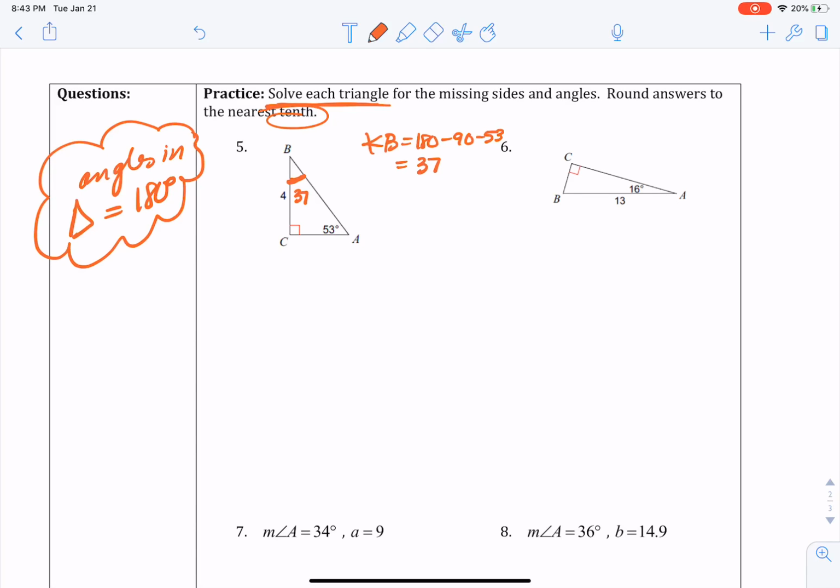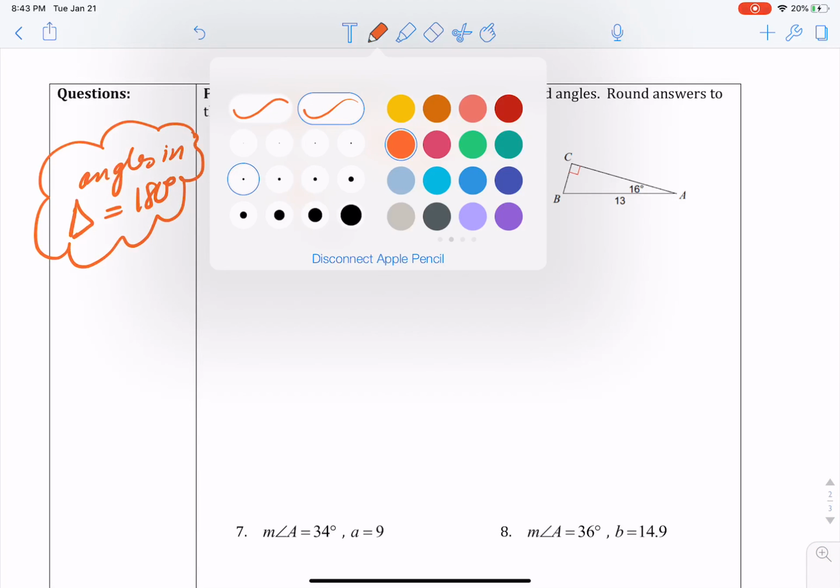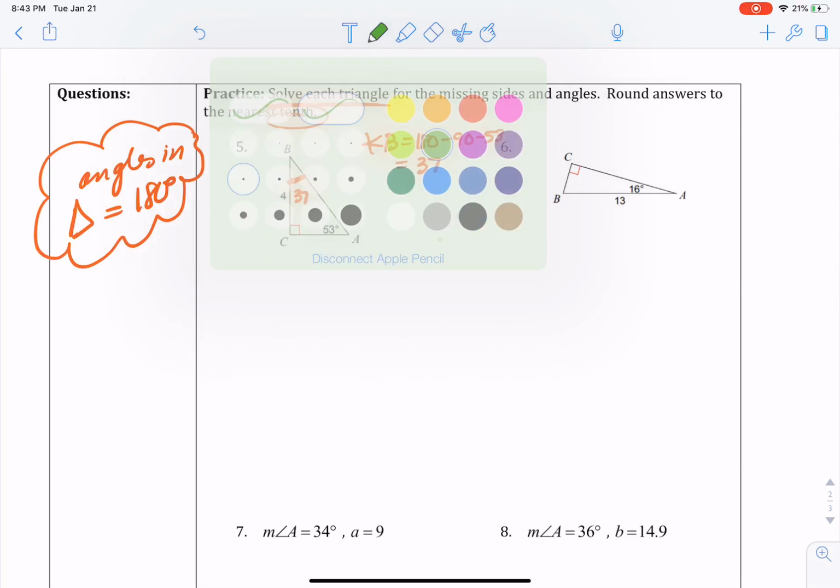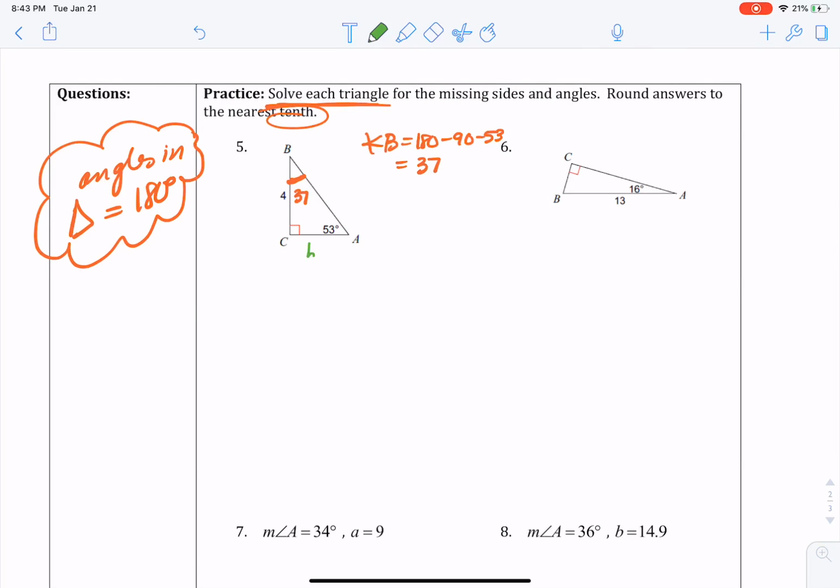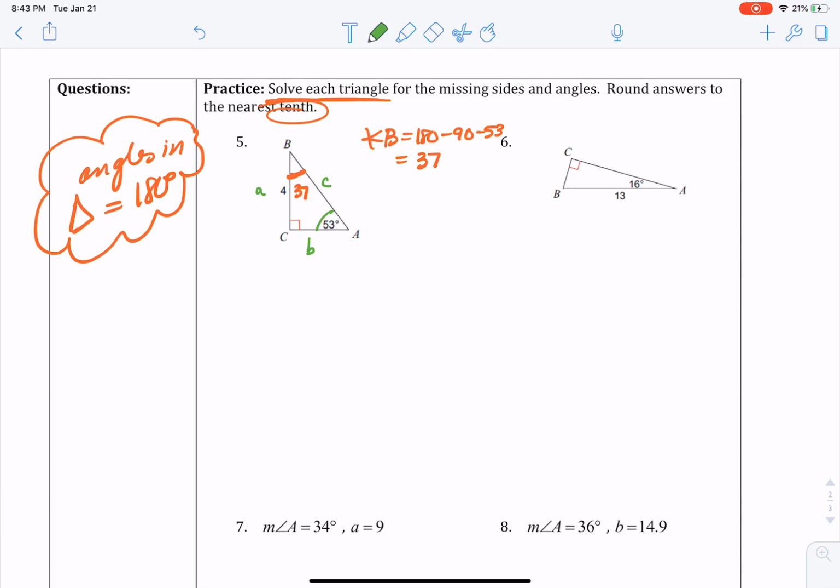So now that I know that angle, I just have to find the other 2 sides. So let's label those. This is side B, side A, and side C. Just because I like to use the information I'm given and not the information that I find, I'm going to use angle A to find my 2 missing sides.